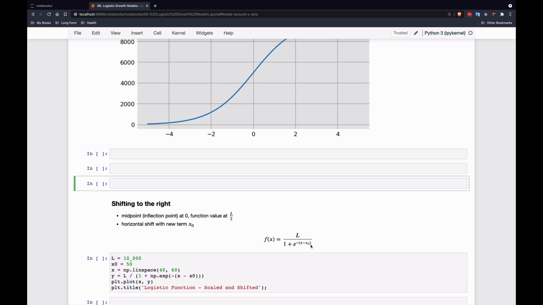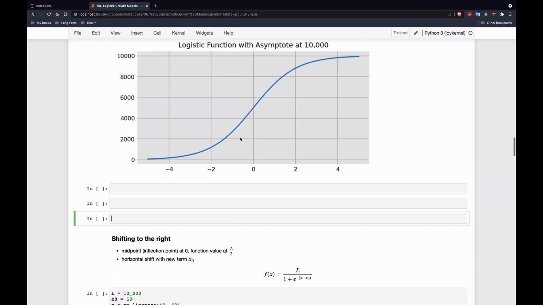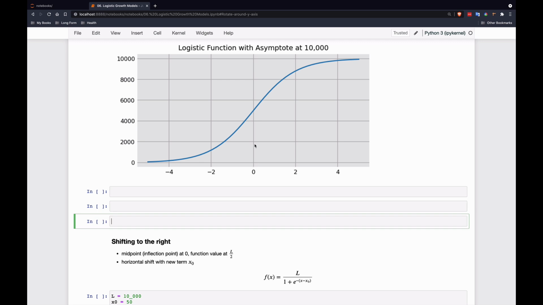This x naught also functions as what's called the midpoint or the inflection point. If we look over here at 0, the y value is directly in the center between the left and right asymptotes.